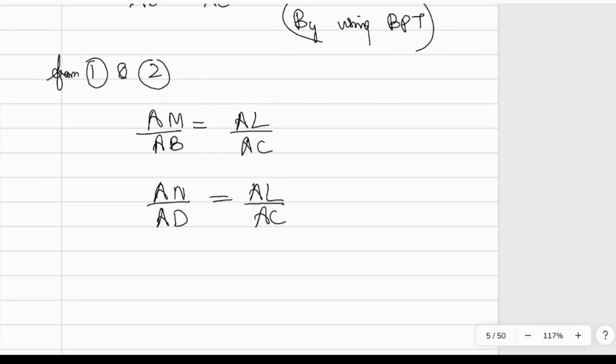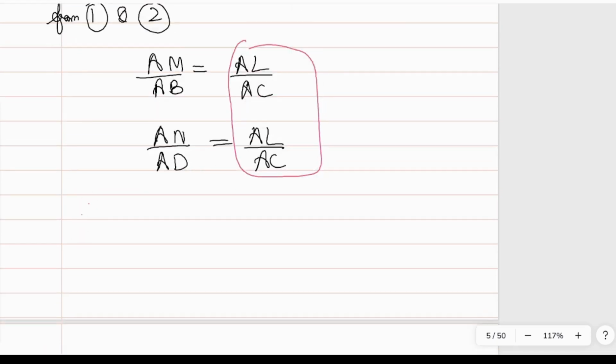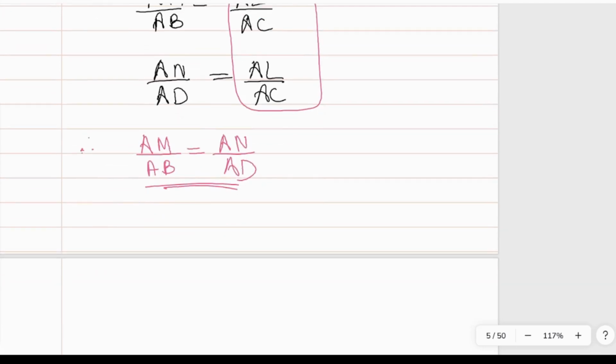Now if you're looking here, you can see what? The right hand side is same. Therefore, if the right hand sides are same, automatically the left hand side also will become same. That is, AM by AB will become equal to what? AN by AD. This is what they are asking us to prove, right? Therefore, we can write, hence proved. Clear?